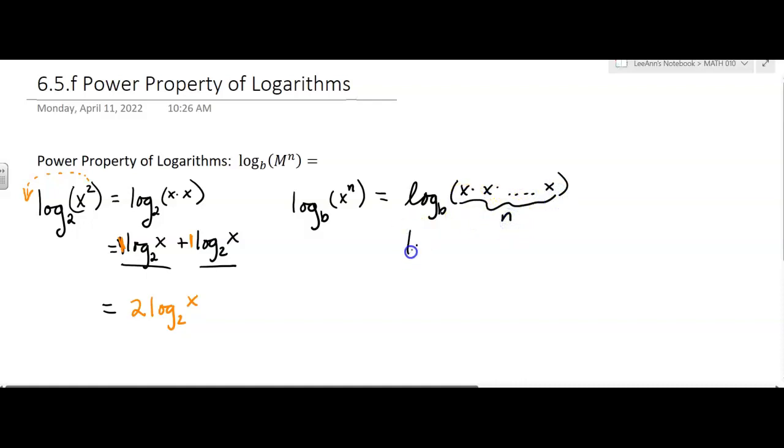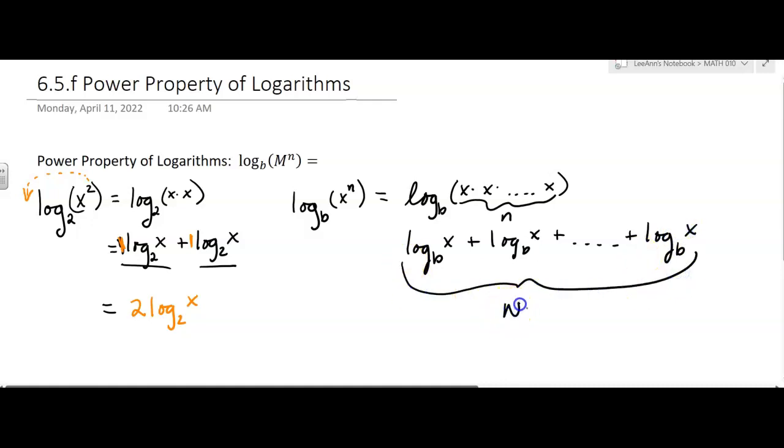So each one of them gets split up into its own logarithm, and there are n of these.